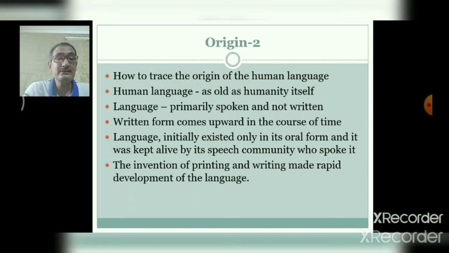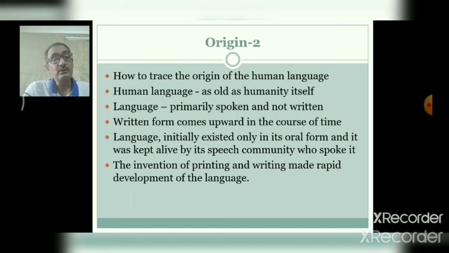This is pure logic and reason, that whenever a human being came into existence, it used to communicate with the people of the human race, and it might have used one or the other kind of language.